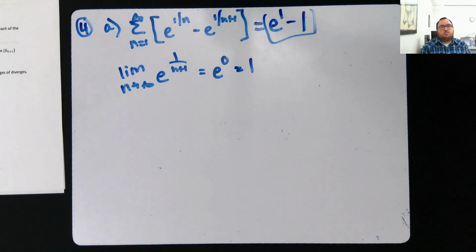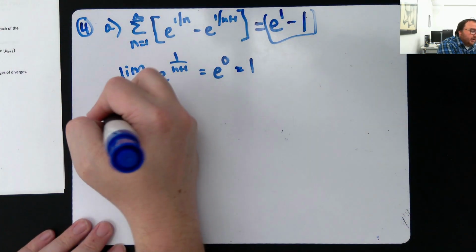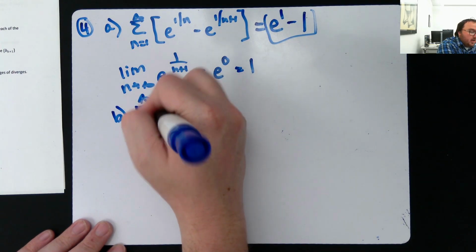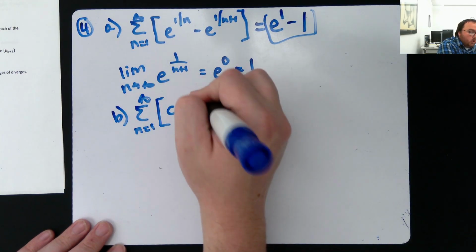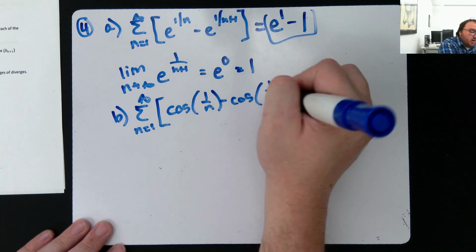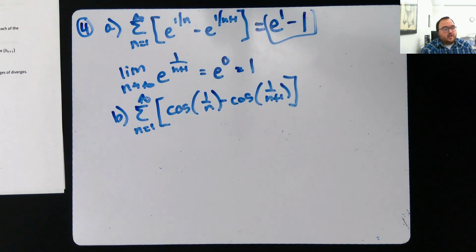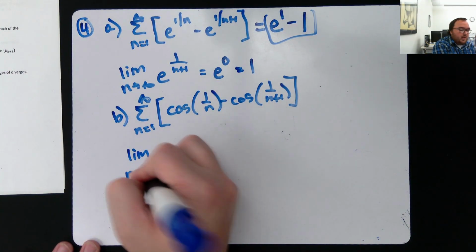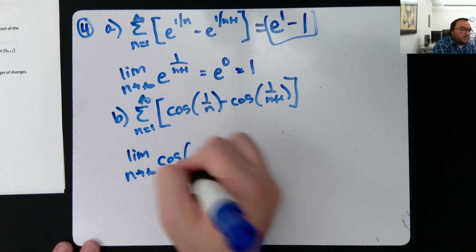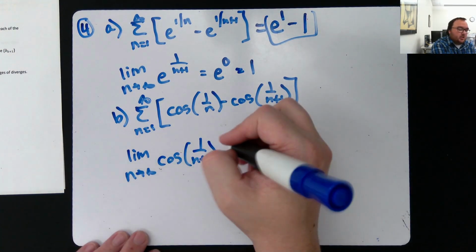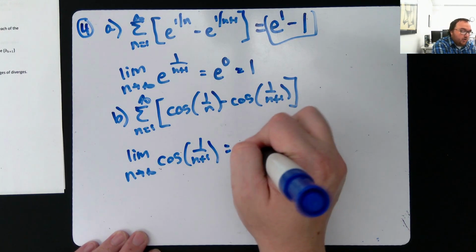That's it. Another example, just to make sure that's clear. Sum from n equals 1 to infinity of cosine 1 over n minus cosine 1 over n plus 1. Let's look at what's happening on my last term. So that's the limit as n goes to infinity of cosine 1 over n plus 1. We've said we can switch these since cosine is continuous.